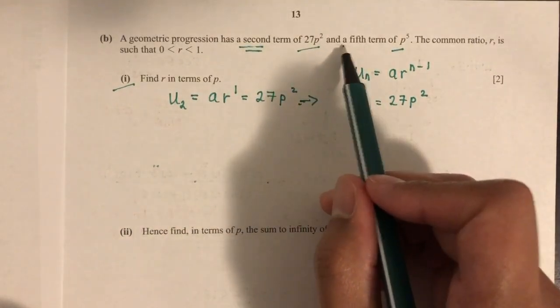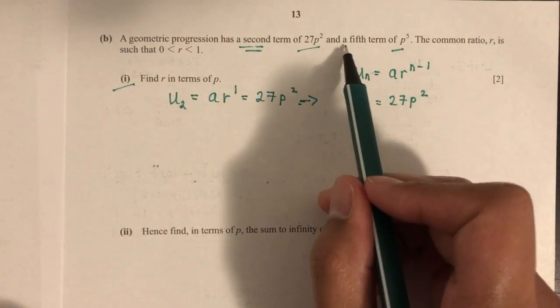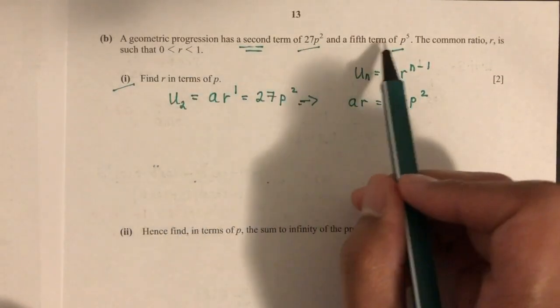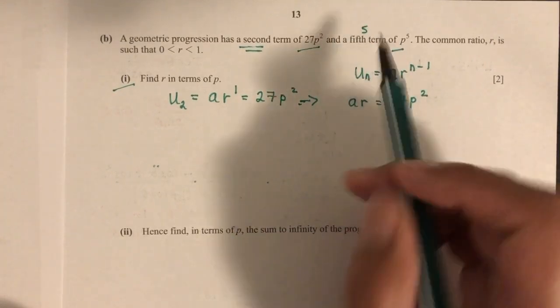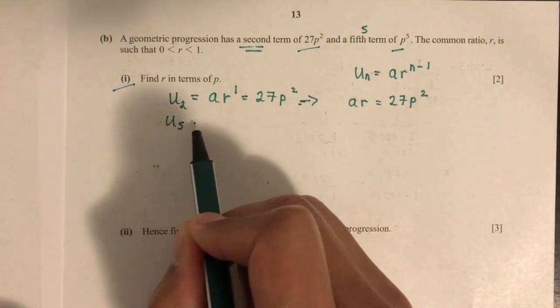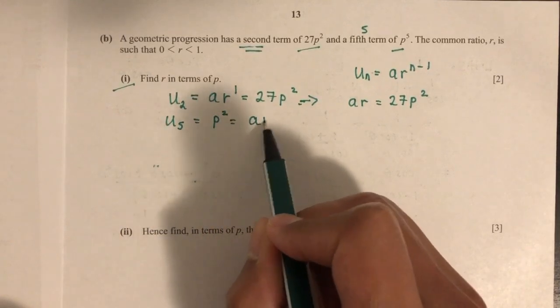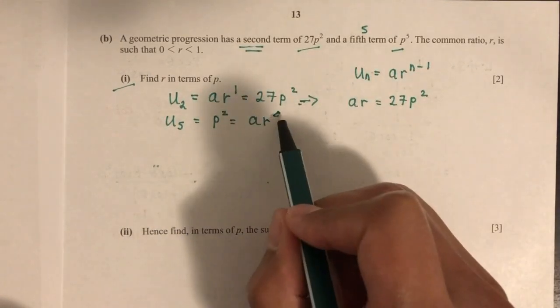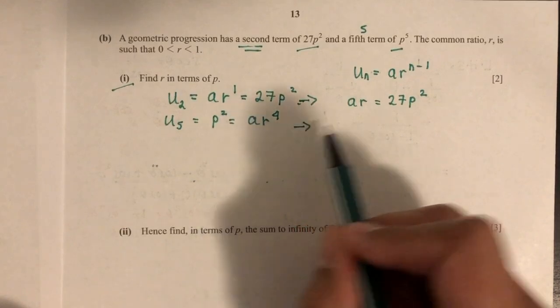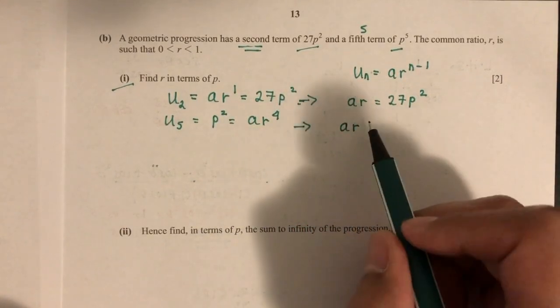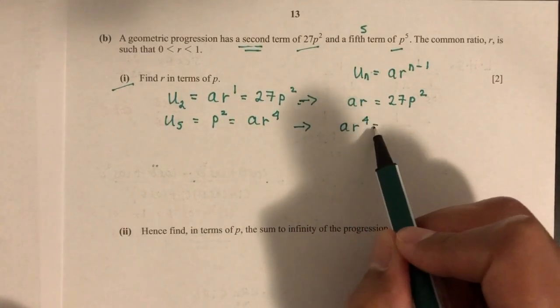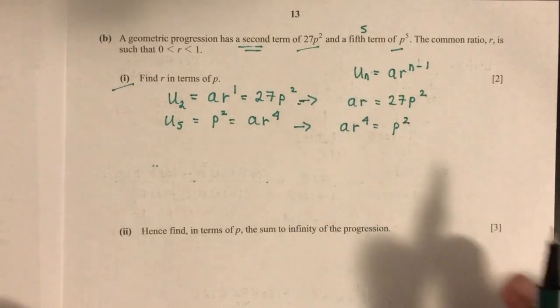Now for this one, it says the fifth term is p squared, which is ar, 5 minus 1 is 4. So this brings you to ar to the power 4 equal to p squared.